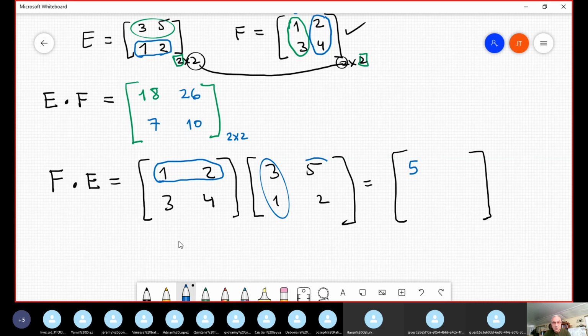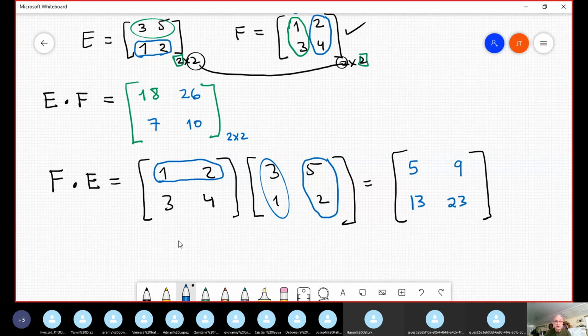Let's continue. Multiplication by the second one. 1 times 5 is 5, 2 times 2 is 4, 5 plus 4 is 9. The second element, 3 times 3 is 9, plus 4, 13. And the last element, 3 times 5, 15. 15 plus 8, 4 times 2 is 8, 22.